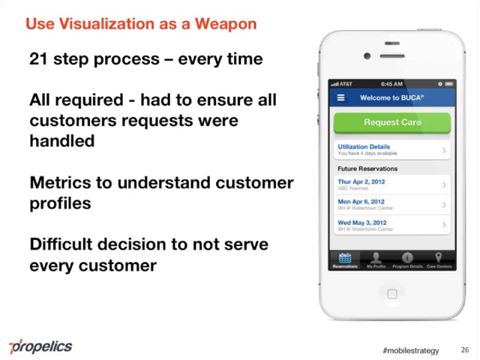And every time, meaning if I come back in today and make a reservation, and I come back in tomorrow, it's the same 21-step process, which seems silly, right? I mean, who would build a 21-step reservation process? But you look into them, and they're all really required. There are all these customer requests that have to be handled, different types of requests, both in terms of severity, in terms of location, other types of things. There's actually a lot of data that needs to be captured here to be able to handle this well.